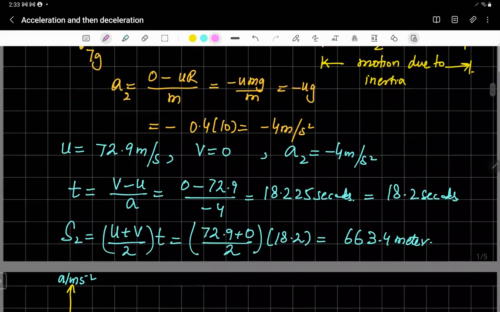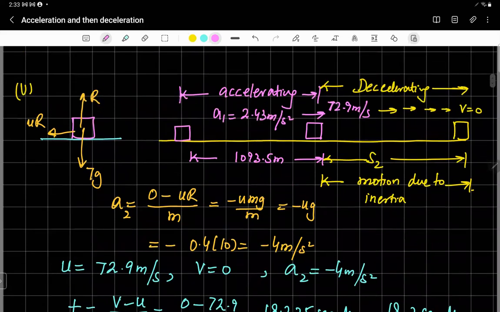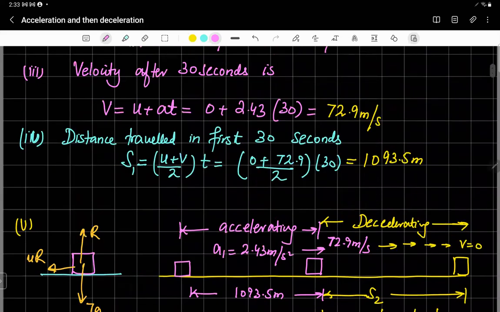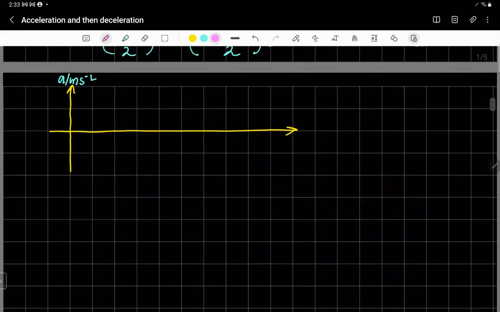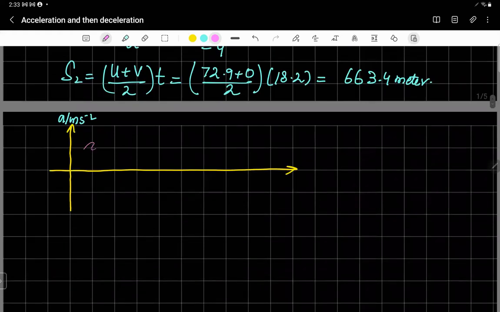Our initial acceleration was what? It was 2.43 meter per second square for 30 seconds. Okay.